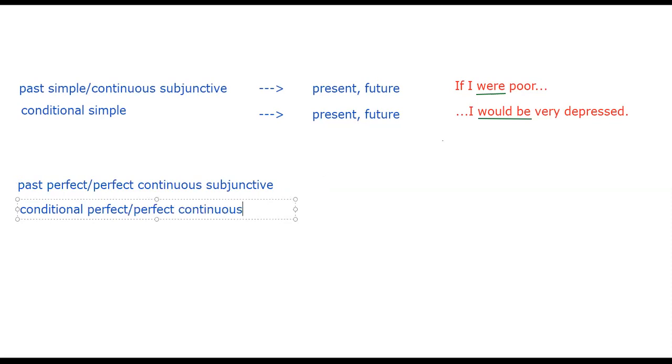I completely forgot about those because continuous is honestly just something I don't pay much attention to for conditionals, because they don't really change. Again, they don't change the time of the action, just the ongoingness of the action. But let's just do it like that.